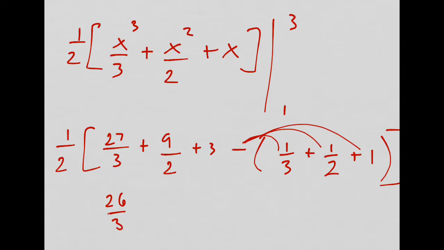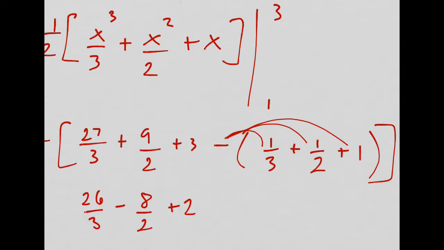26 over 3. And then I'll do this and that. 8 over 2 minus 8 over 2. And then 3 minus 1, that would be 2 plus 2. So I guess I can simplify this, and then I remember I've got to multiply by 1/2.